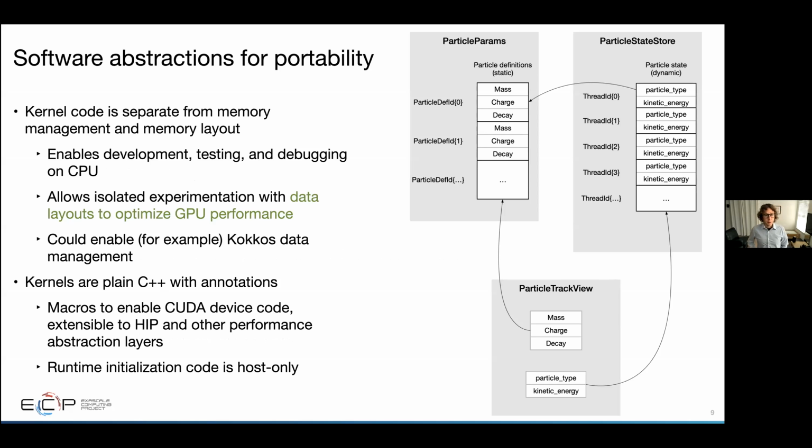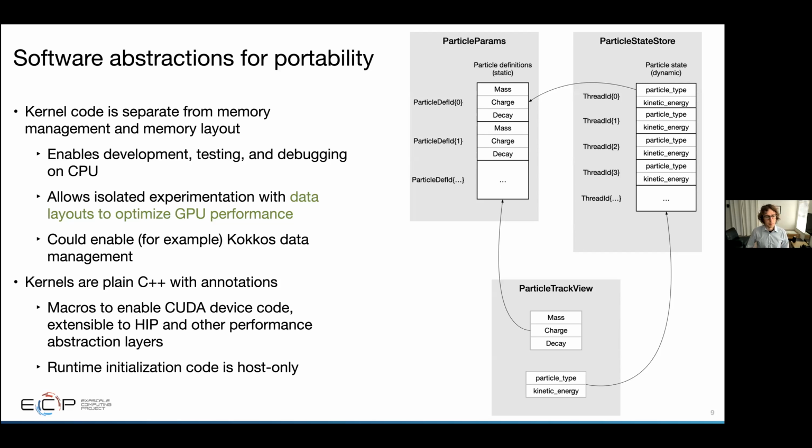One of the key abstractions that we have in place is being able to separate the memory management and memory layout from the actual compute code. So there's a lot of encapsulation that, from a developer perspective, ends up being pretty easy to work with. What this lets us do is develop and test the code on the CPU, but run the actual physics on the GPU.